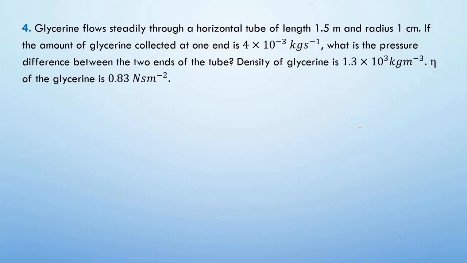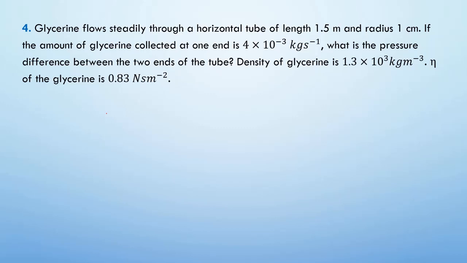Density of glycerin is 1.3 into 10 to the power 3 kilogram per meter cube, and eta of the glycerin is 0.83. So let's solve the problem.